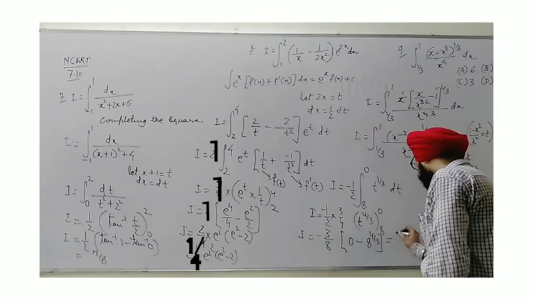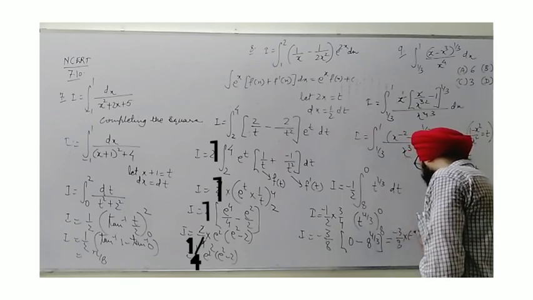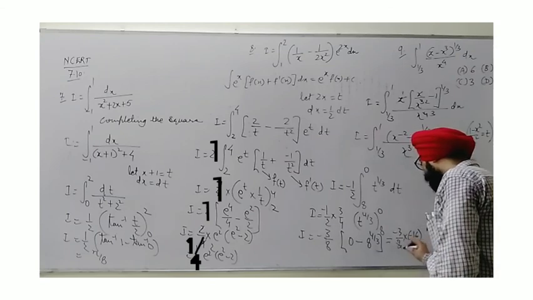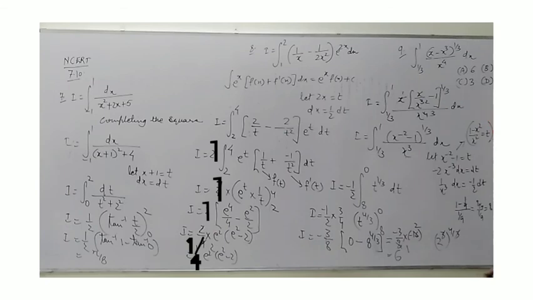The term becomes minus 3 upon 8 into minus 16, which is 8 ones are 8, 8 twos are 16, and the final answer must be 6. Any option we are having? Yeah, it is giving 6. A must be the answer.